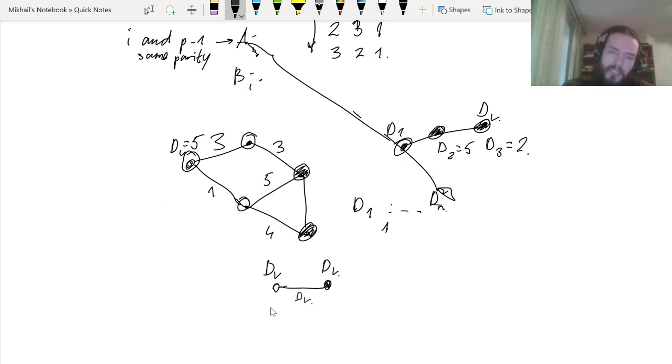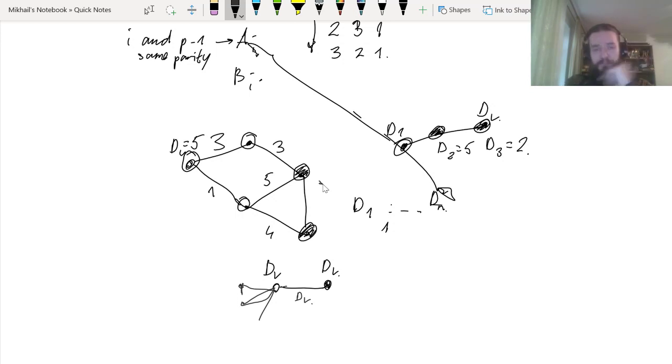Right, so there are some edges that leave the vertex here. What does it mean?